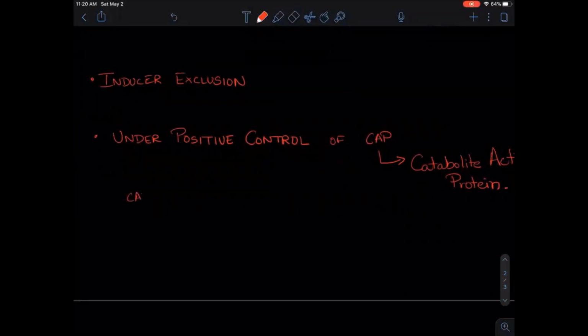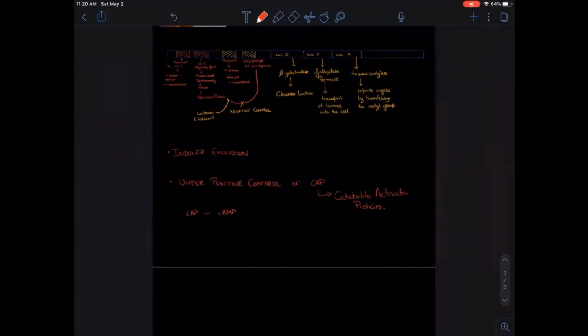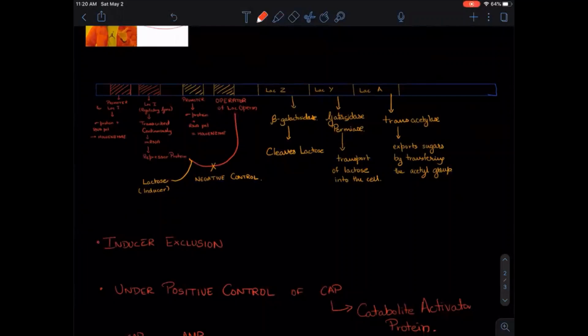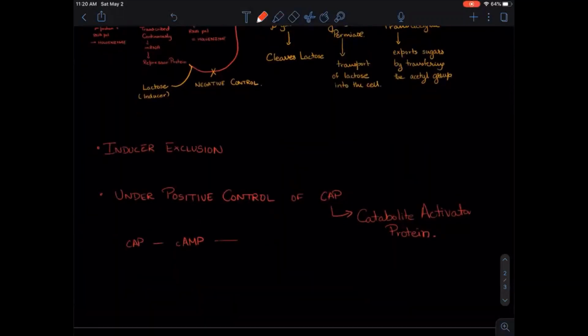CAP binds to cyclic AMP, commonly known as cAMP, which binds to the promoter of the Lac Operon.